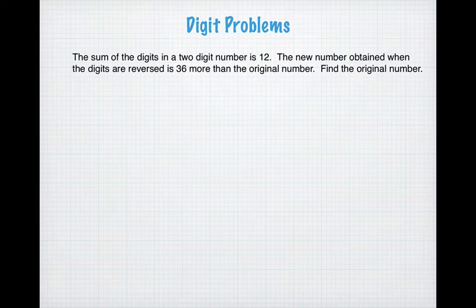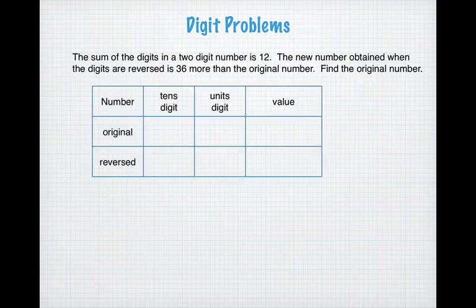We're going to start all of these by making a chart. So here's what my chart is going to look like. I've got a number category, and I'm either going to have the original number or the reversed number. I've got the tens digit, the units digit, and the final value. So let's go ahead and look at this.